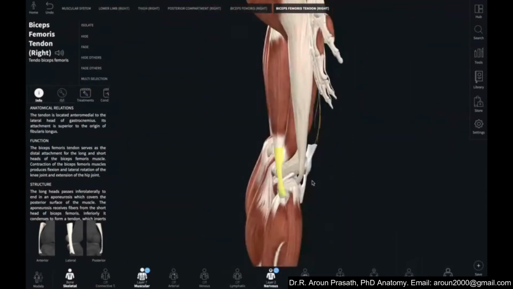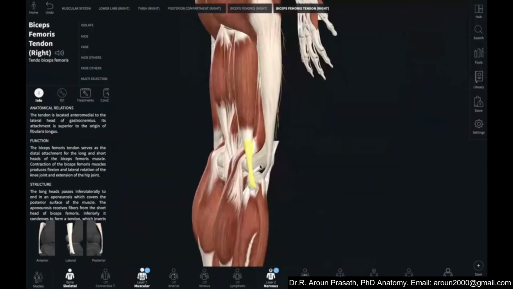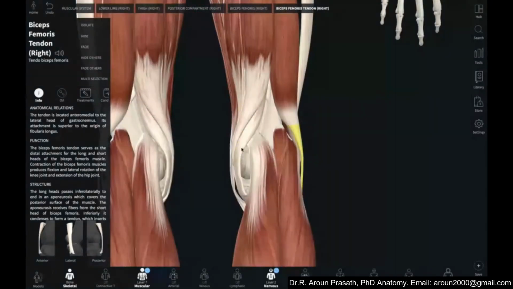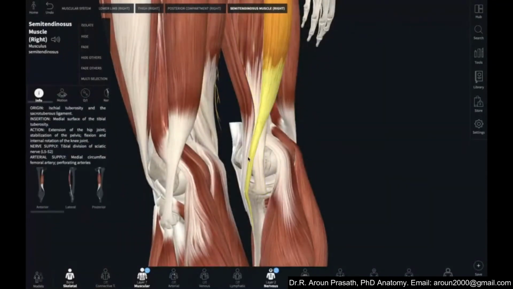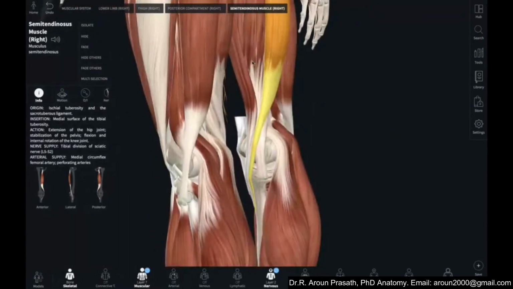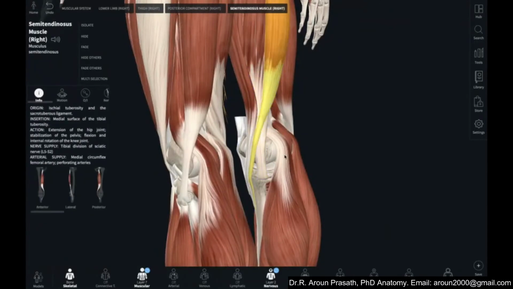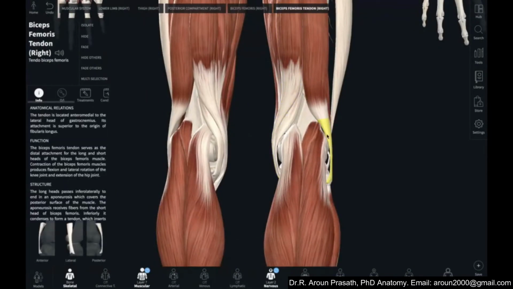Then in the lateral aspect of the knee, if you feel, you can see one tendon, and in the medial aspect of the knee, you can see the semi-membranous and semi-tendinous tendons. There are two muscles coming in the medial aspect of the knee: one is semi-tendinous and the other is semi-membranous. And in the lateral aspect of the knee, you have the tendon of the biceps femoris.